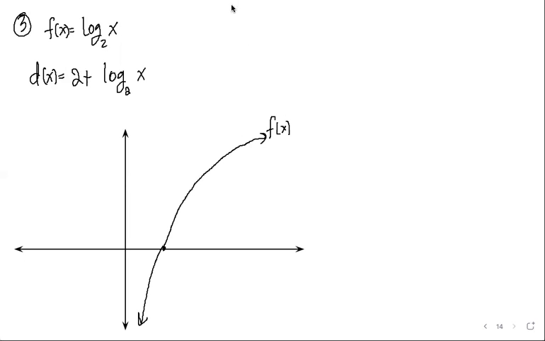Now we have to shift this one 2 units up. This point becomes up 2 units, 1, 2, and all of this up 2 units. So the graph will be something like this, and here everything up 2 units, like this.